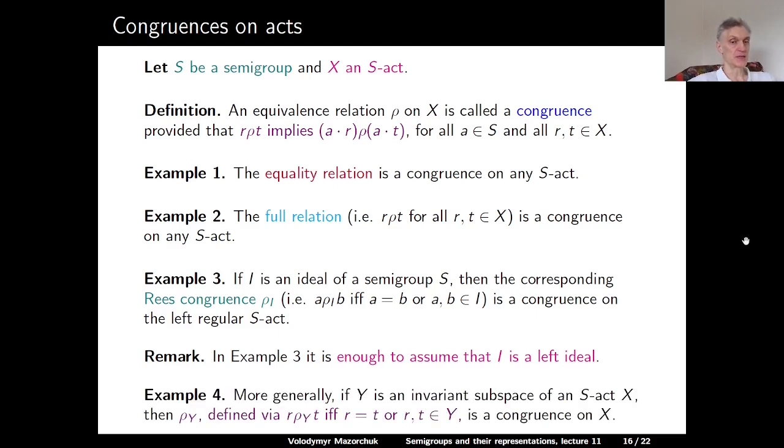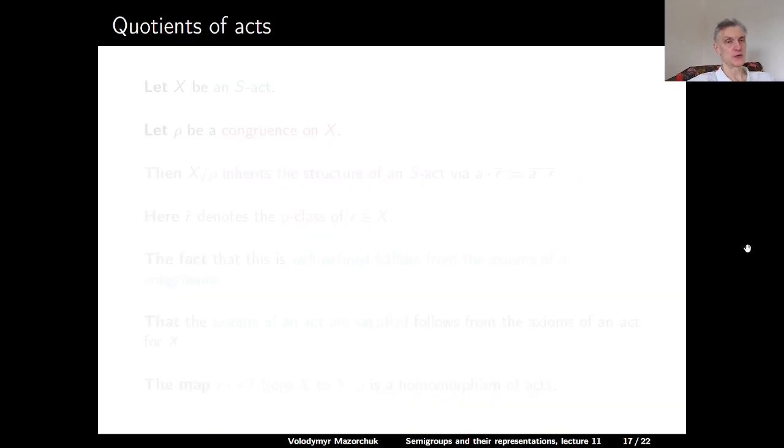More generally, example 4, if Y is an invariant subset of an S-act X, then ρ_Y, which is defined as follows: two elements are ρ_Y-equivalent if and only if they are equal or both belong to Y, is a congruence on X. Using the notion of a congruence, we can define the quotient of an act.